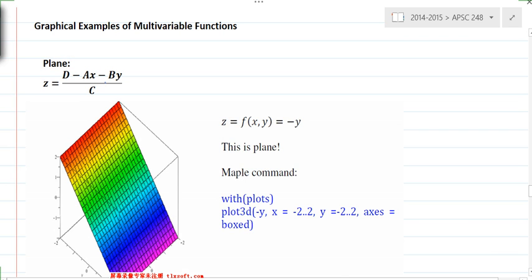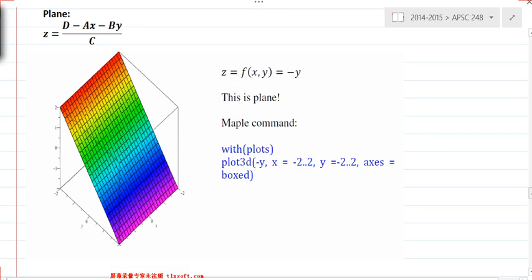If I use z equal to negative y, I get a plane here. You can try the Maple command and also upload a set of them and try them out. But if you just look at z equal to negative y, forget about 3D, what does it represent? It's a straight line in the z, y plane.